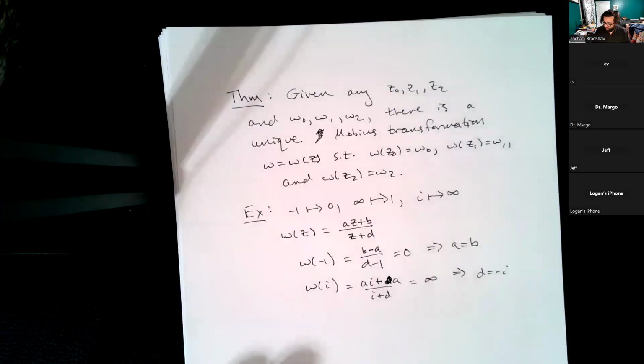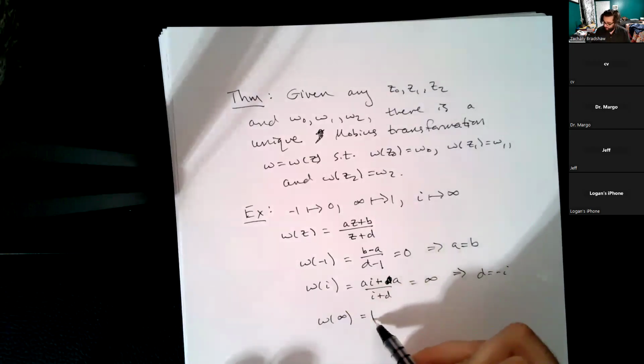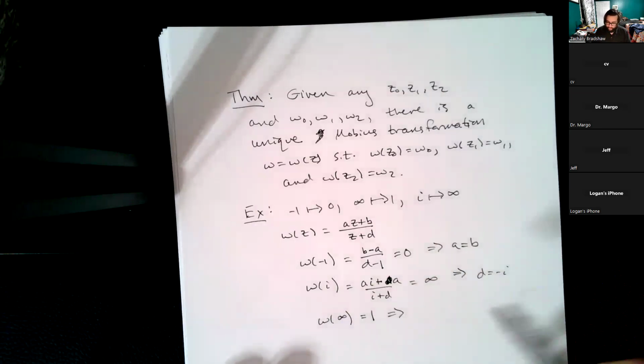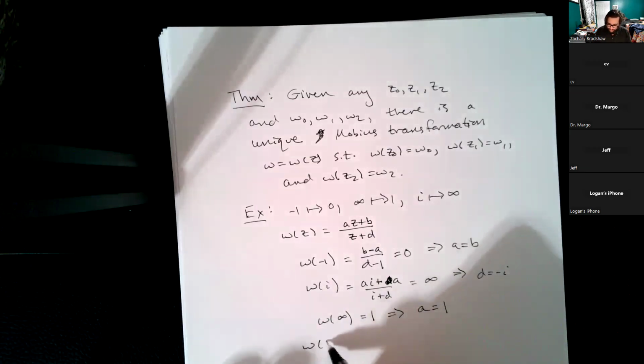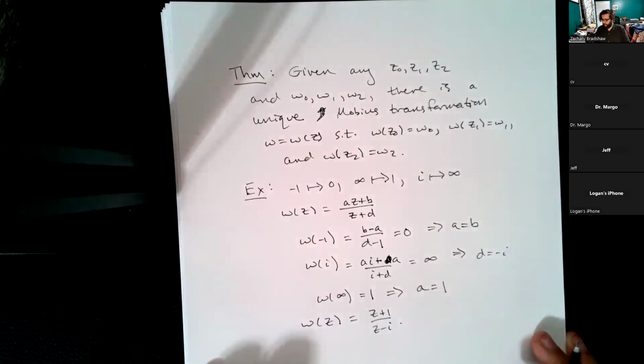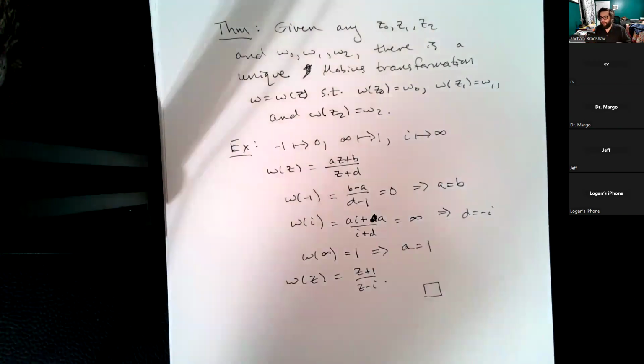And then w of infinity, I want to be equal to 1. How do I get that? Well, the limit is a, and so I just set a equal to 1. So the w(z) I'm looking for is completely determined. It's z plus 1 over z minus i.